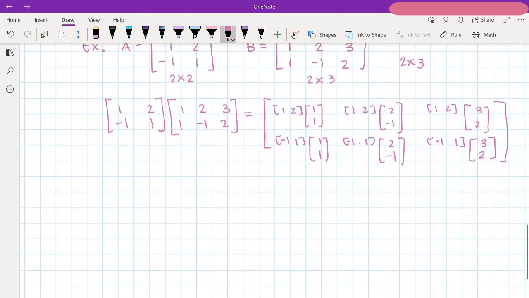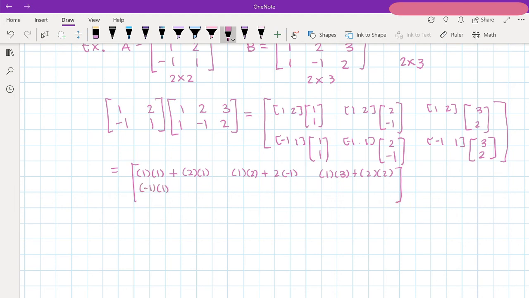So for the dot product, what we'll do is take the first entry as an example. It'll be 1 times 1 plus 2 times 1. So you're taking the first number in the first row of A, multiplying by the first number in the first column of B, adding that to the second number in the row of A times the second number of the column of B. And we'll do that for each entry.